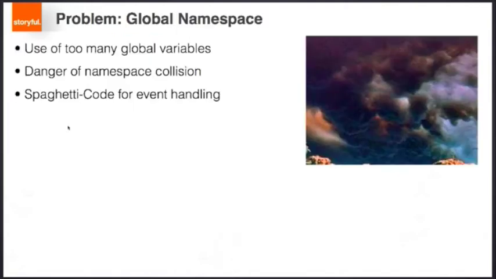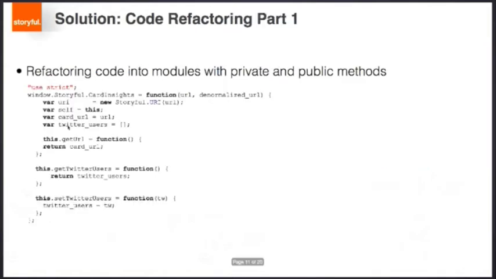Another thing we started on: you see here on the right hand side, I don't remember what it's called in English, we use too many global variables. And there's always the danger then of namespace collision. And also we have a lot of spaghetti code because of jQuery, you have all these event handlers and promises.